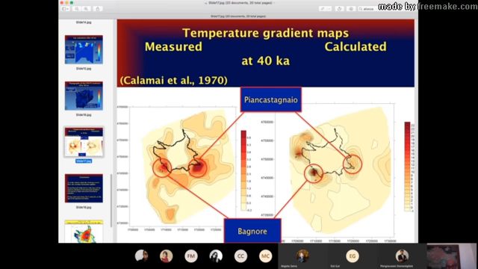Also, our model on the right calculates a geothermal field that is not present, or at least apparently is not present, in the northwestern part of the volcano, where the two lava flow tongues are present.